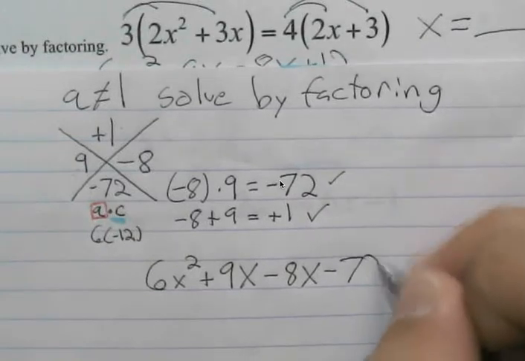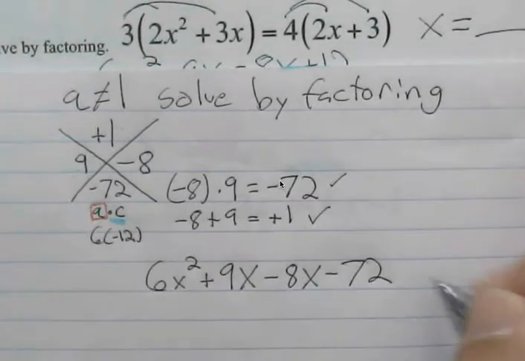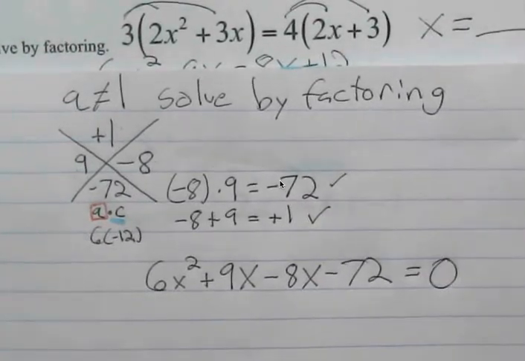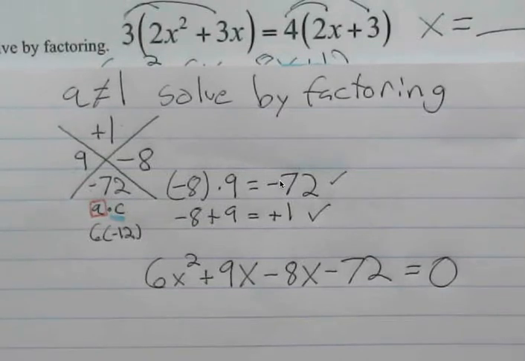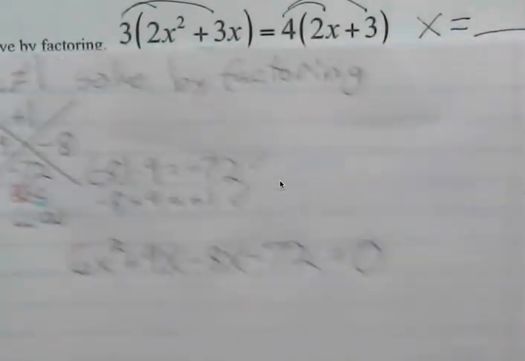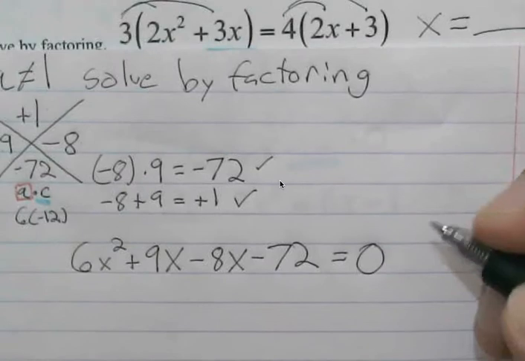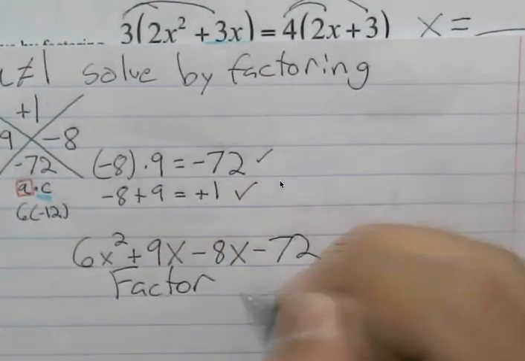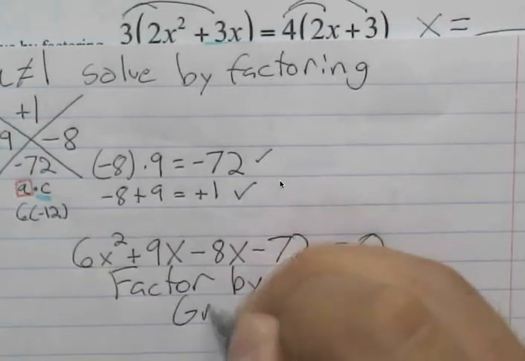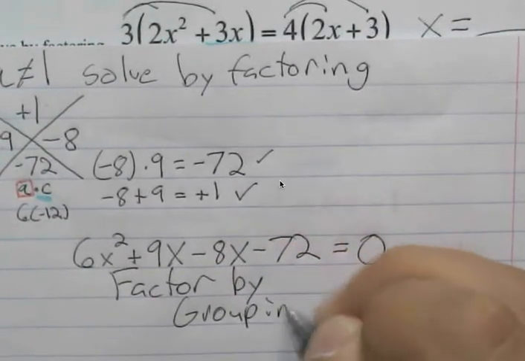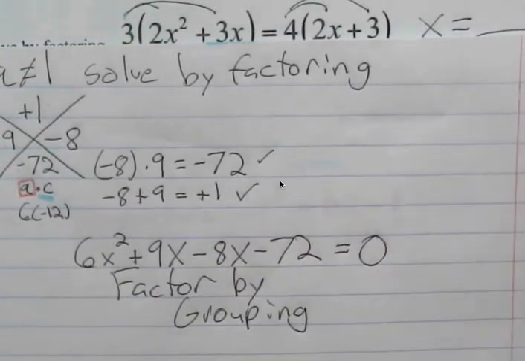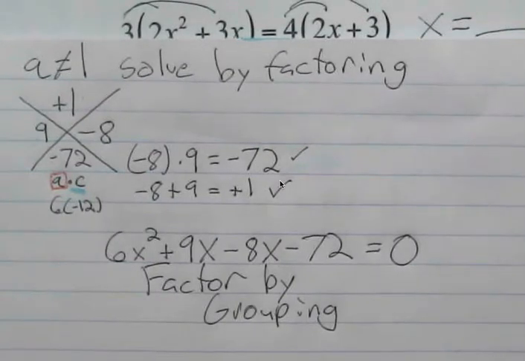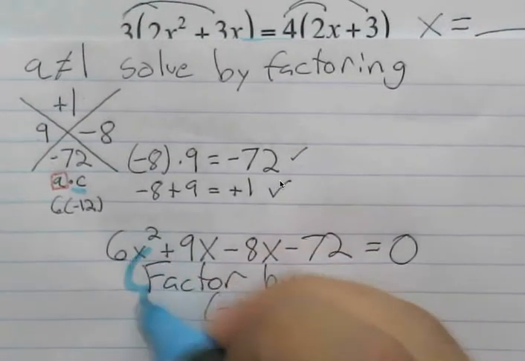Continuing with minus 12. Keeping in mind this is all equal to 0. And so from here, this is going to be bouncing off of the previous section where we're now factoring by grouping. If you need a refresher on that, please go back and check the previous videos. But from here on out, I'm going to assume that you know how to factor by grouping.